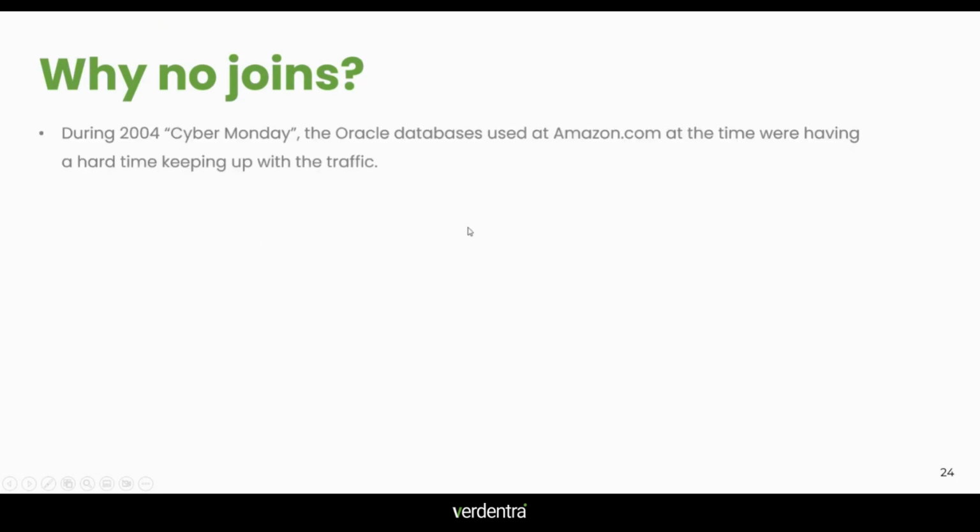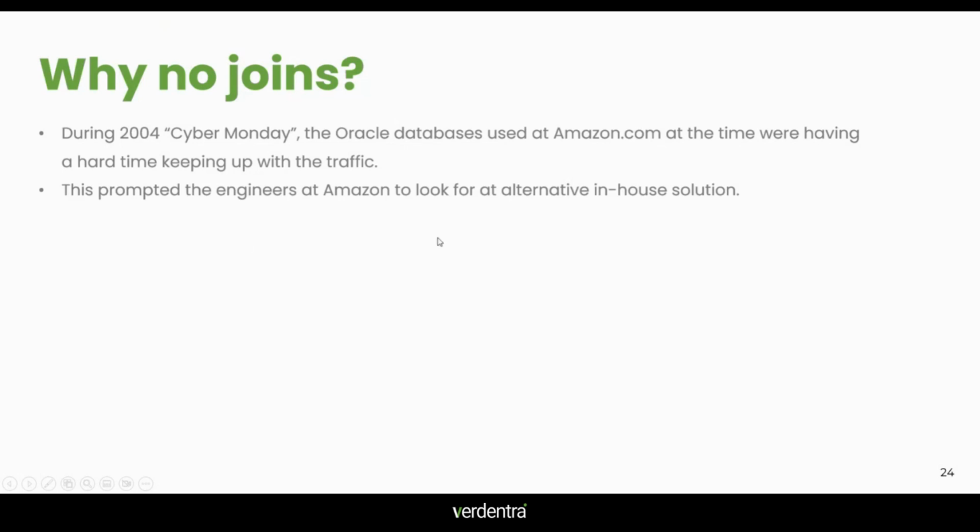Before that, this is a preface to how DynamoDB came to be. During Cyber Monday in 2004, Amazon.com was using an Oracle database at the time, and they were hitting their limits keeping up with the traffic.